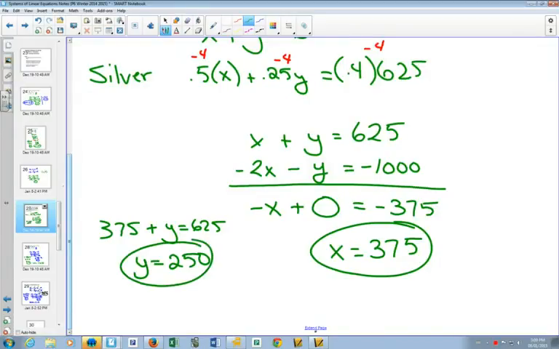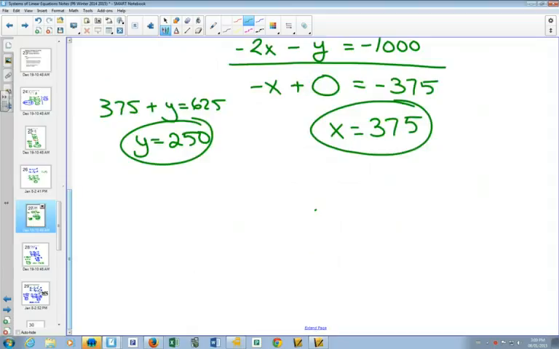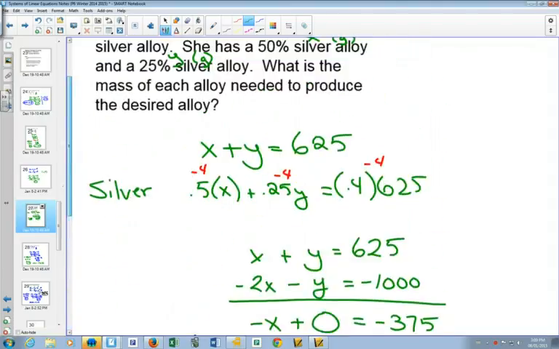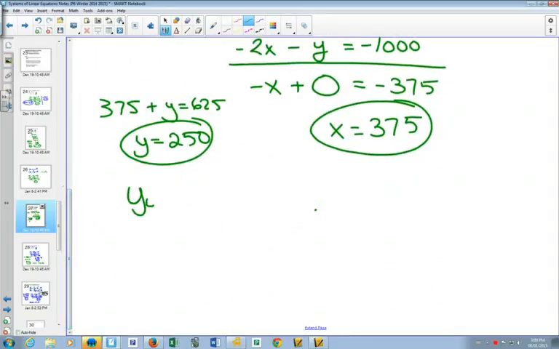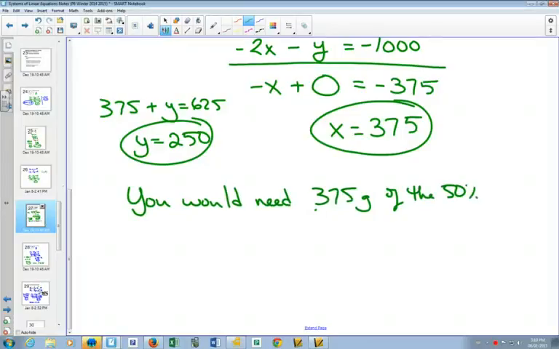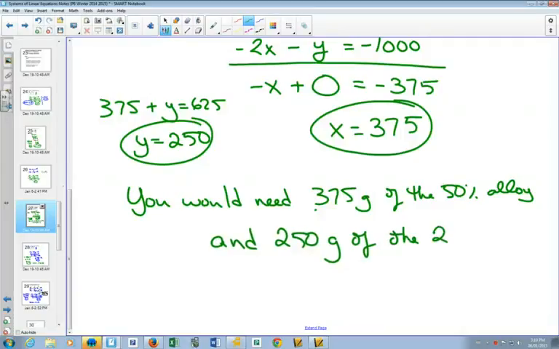Since it's a word problem, we'll end with a sentence. Just say what the mass of each is. You would need 375 grams of the 50% alloy and 250 grams of the 25% alloy.